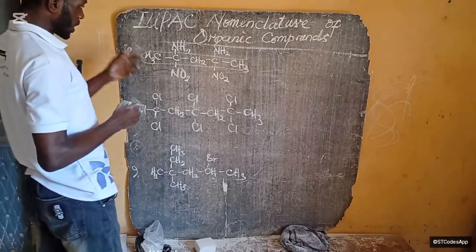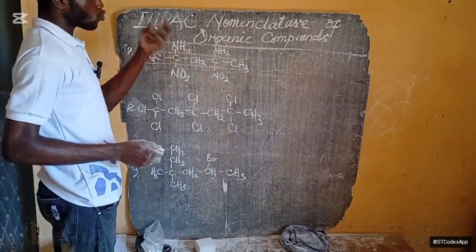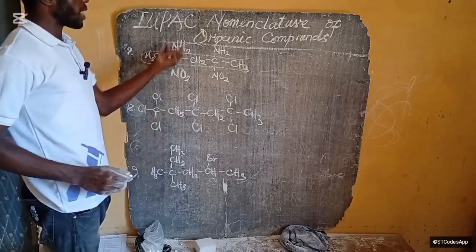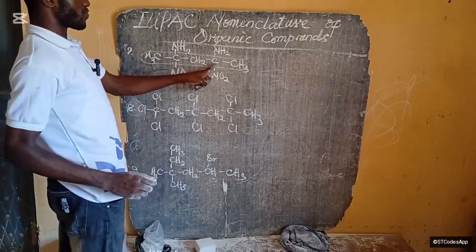Okay? So looking at this, we have 2 amino groups and we have 2 nitro groups. Is that okay? So the amino group will come before the nitro group. So we have them on carbon 2 and carbon 4, right?